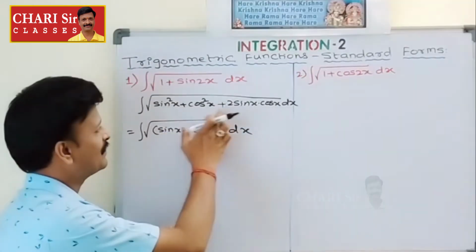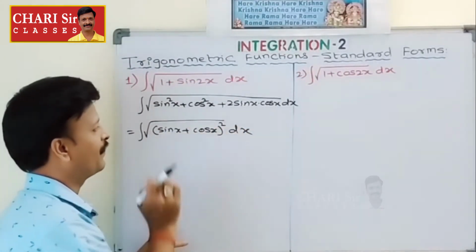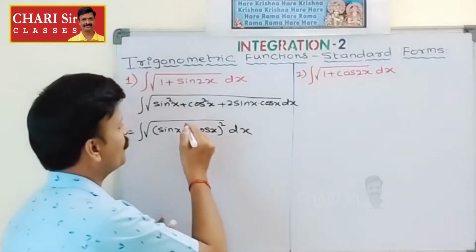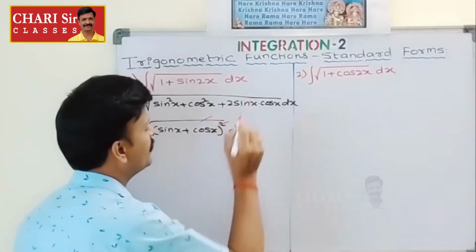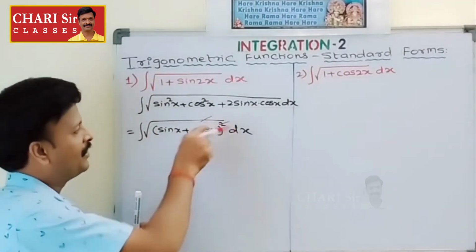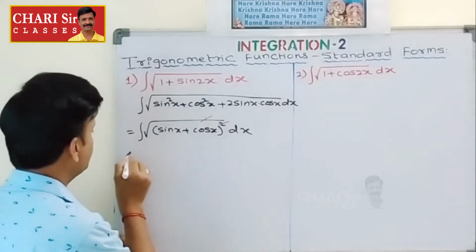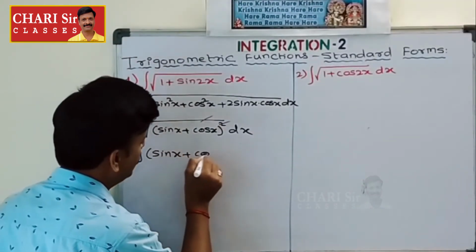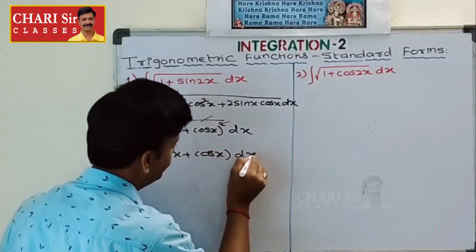Because a square plus b square plus 2ab is the a plus b whole square form. Therefore sin x plus cos x whole square. Now you can observe that square root is there, square is there. Square root and square will get cancelled, because square root value is to the power of 1 by 2; 1 by 2 and 2 will get cancelled. The final function is integration of sin x plus cos x dx.